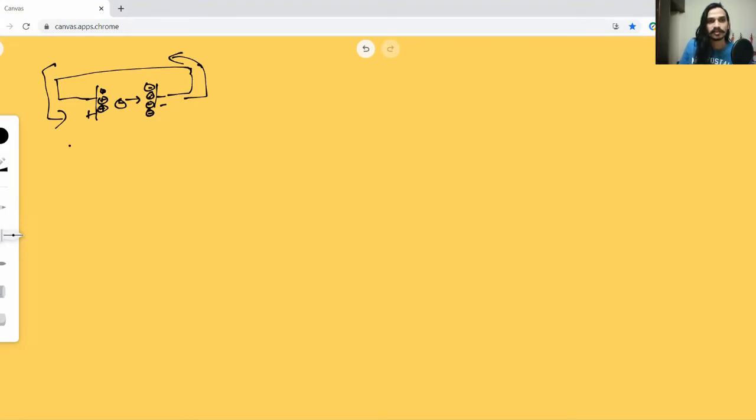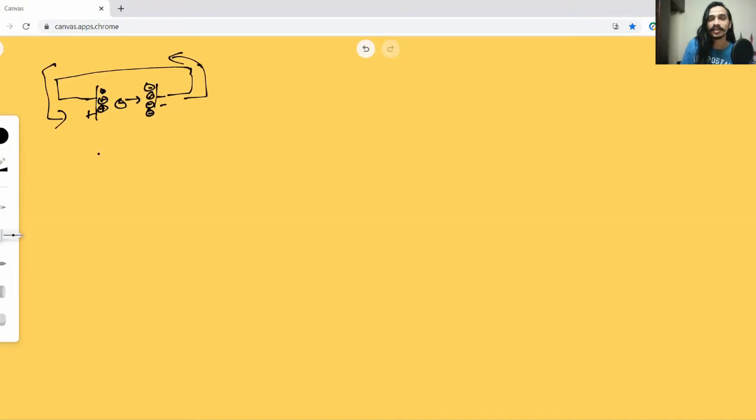We saw W by Q equals Fe into L divided by Q. This was how we defined the potential difference across a conductor, across the two ends. Today we're going to look at something very similar but within the battery.